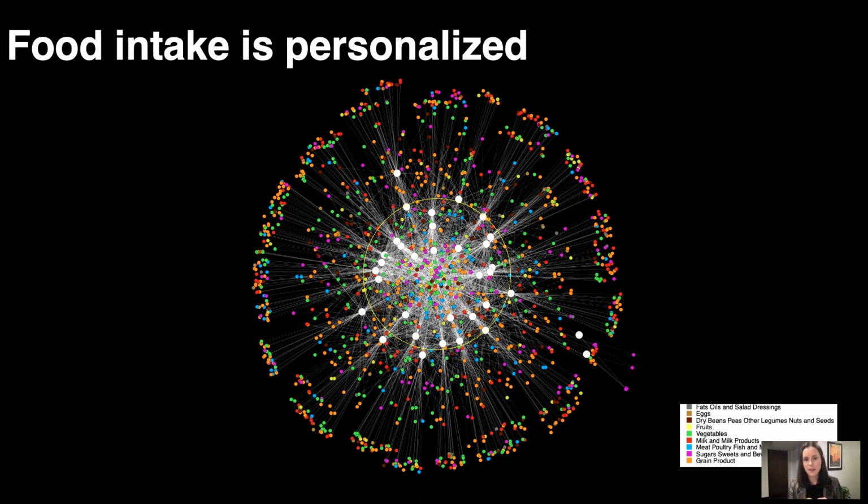And so these were things like white bread, lettuce, chicken, coffee, tea, beer, things that Americans generally eat relatively frequently. And on the periphery of this network, there are foods that were only consumed by 1 or 2 individuals in the study.